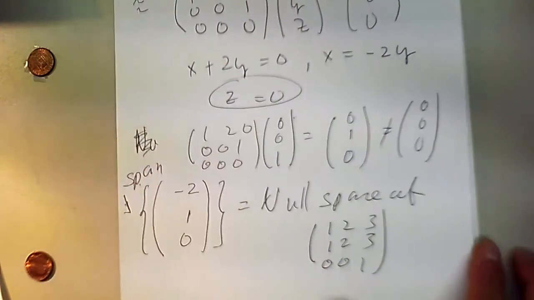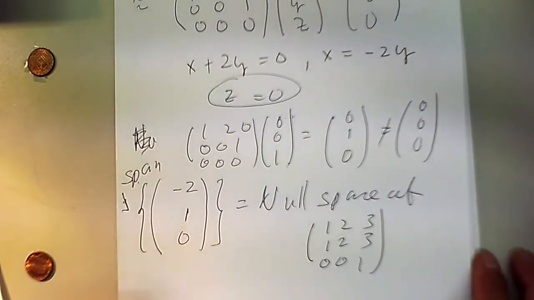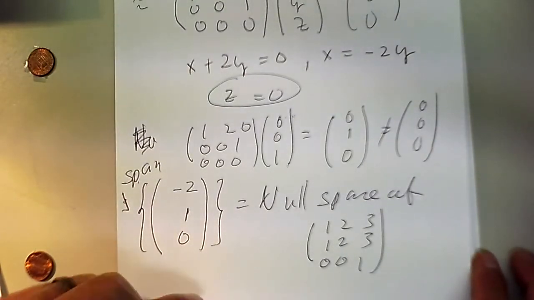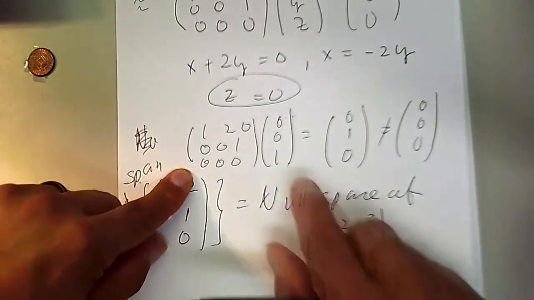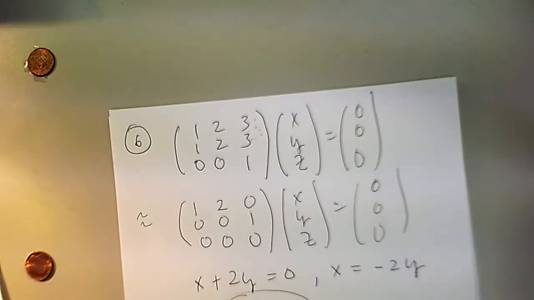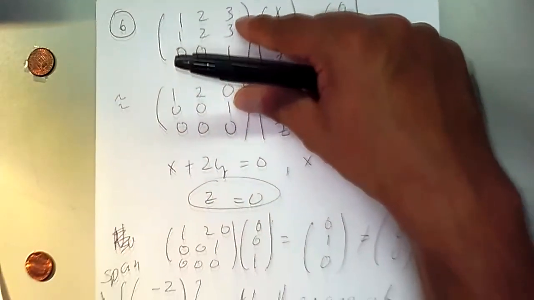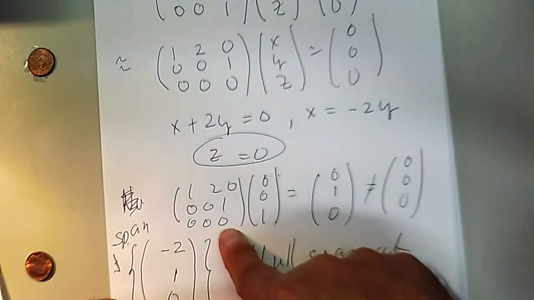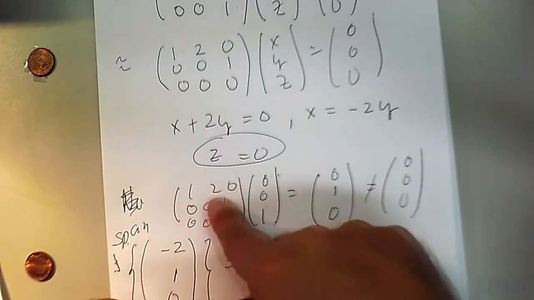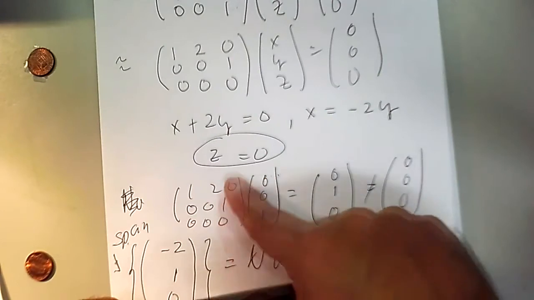The dimension of the space generated by the columns is also 2. But I'm not claiming that the space generated by this column and by this column is the same as the space generated by those 3 columns. And I can clearly tell you why. Here, the space generated by those 2 columns doesn't have a z value other than 0.